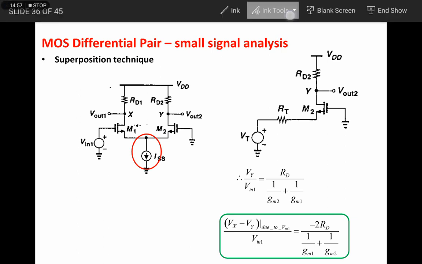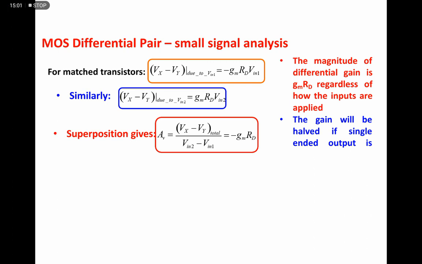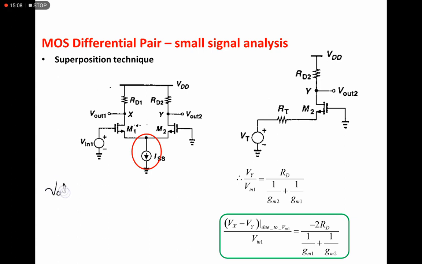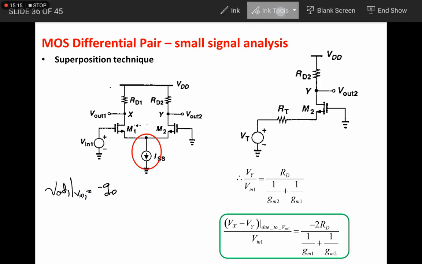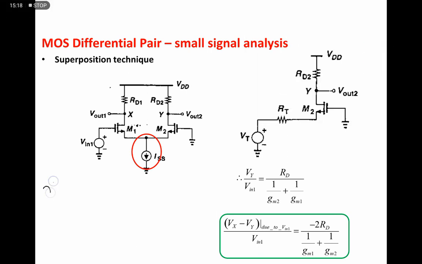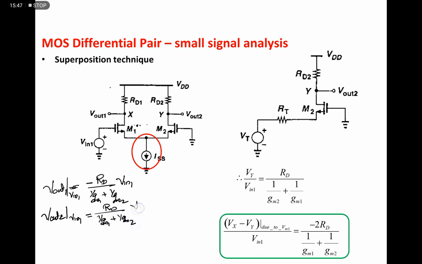V out of 1 due to V in 1 is equal to minus RD by 1 by GM1 plus 1 by GM2 into V in 1. Similarly, V out of 2 due to V in 1 is equal to RD by 1 by GM1 plus 1 by GM2 into V in 1.